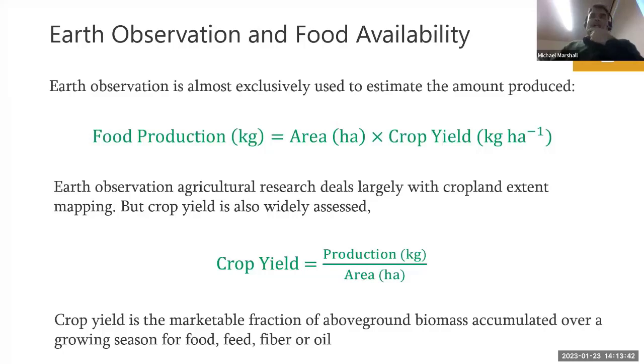So the reason I give this context is because Earth observation, or what we call satellite remote sensing data, is primarily used to address food availability, specifically food abundance or crop yield. This is where most of our work is done. And food production in kilograms is a product of crop area or cropland, croplands under cultivation.